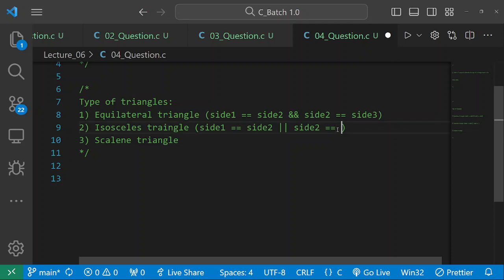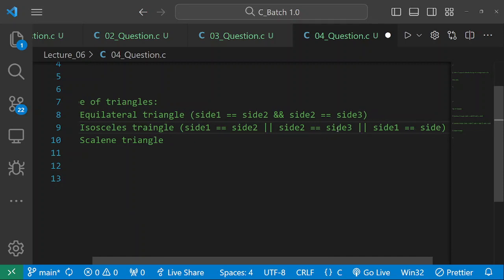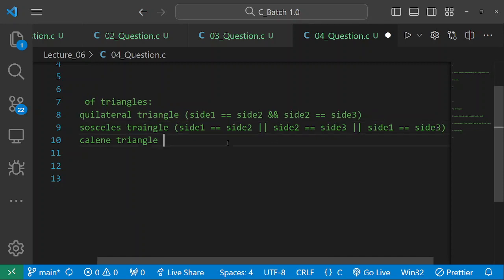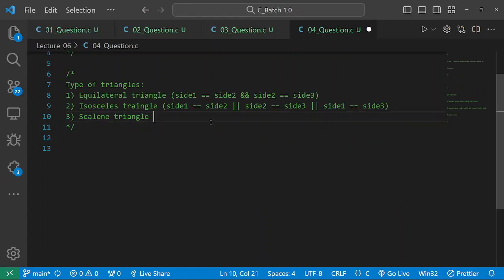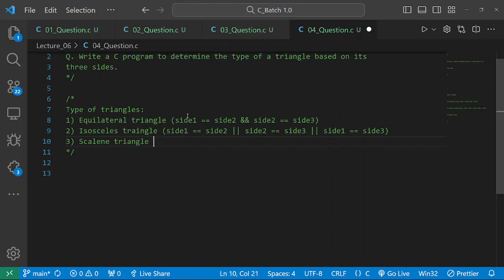Only one condition needs to be satisfied. Any of these might be true. And for a scalene triangle, all three sides are different, which means no condition. You can write this in the else part.